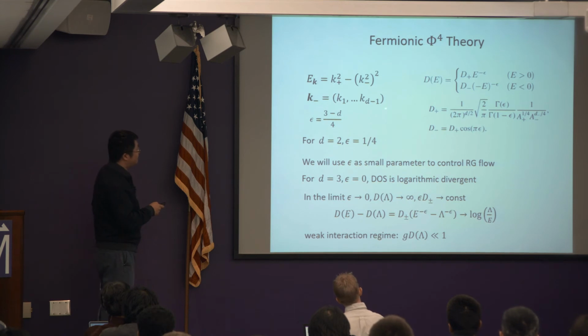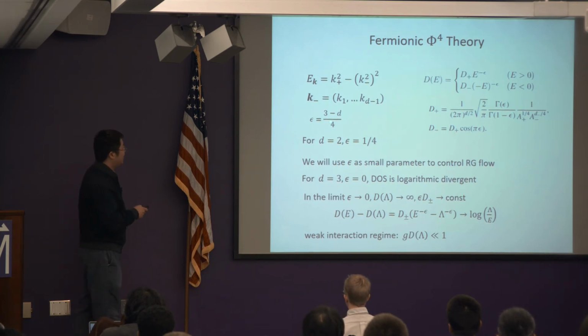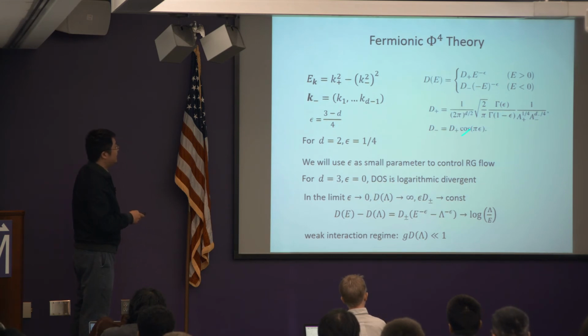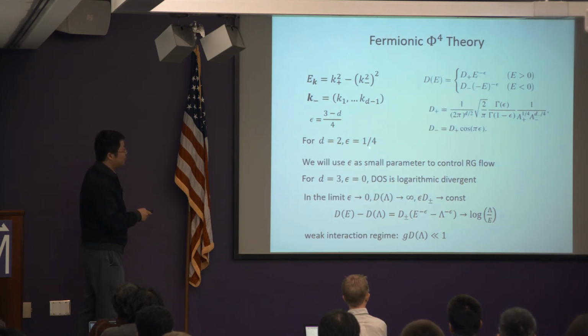But let me extend the problem into d dimensions. In one direction, the dispersion is k to the fourth. In the other d minus 1 dimensions, the dispersion is quadratic. This leads to the following expression of the density of states shown here. It has a power law divergence with exponent epsilon, which is 3 minus d divided by 4. In 2 dimensions, the exponent is 1/4, which is the problem we are interested in.